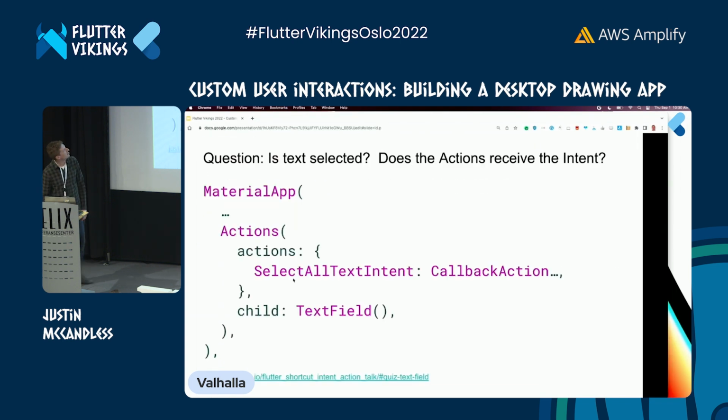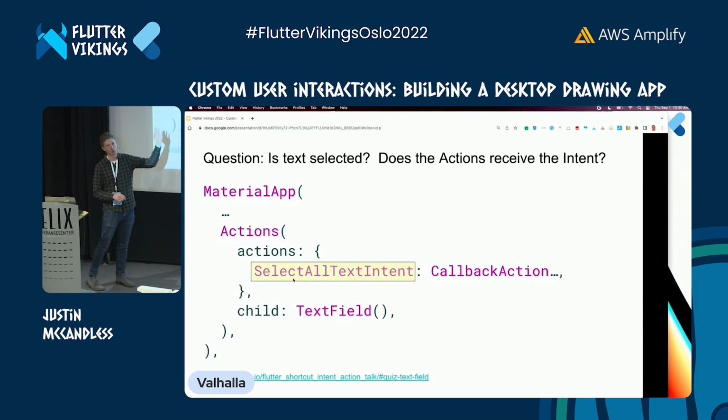All right. So now a quick quiz about this. Here in our users app, we're using a material app. So we're going to have default text editing shortcuts up in the top of our tree. We've got an actions widget in our app, and we're mapping select all text intent to our own custom callback. This is another built-in intent that we saw.